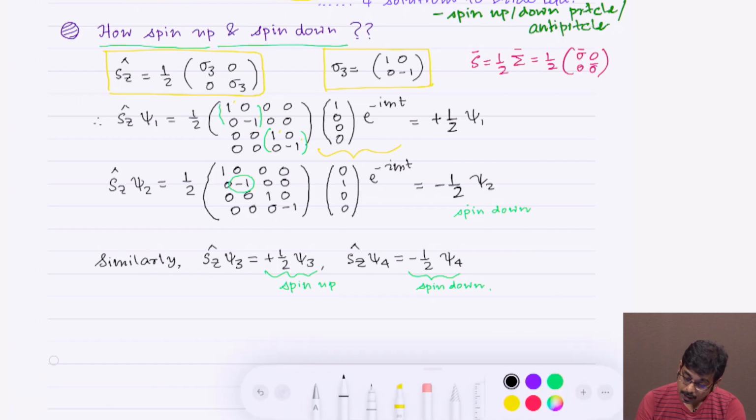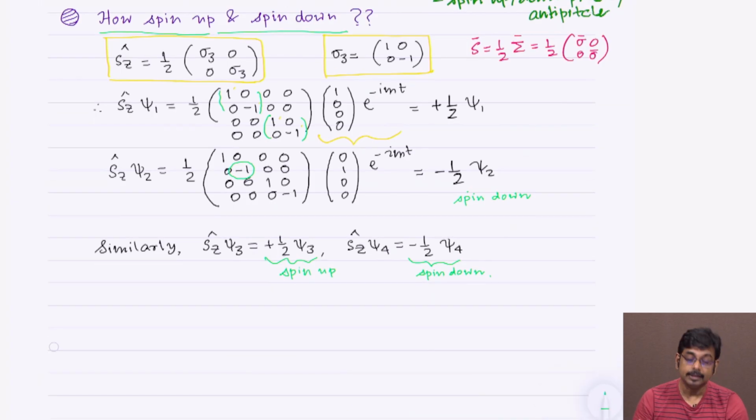So, therefore, you see that these two positive energy solutions are basically aligned with spin up and spin down solutions. Psi 1 is going to give me the spin up solution, whereas psi 2 is going to give me minus half as an eigenvalue of the SZ operation, and this is going to give me the spin down solution.